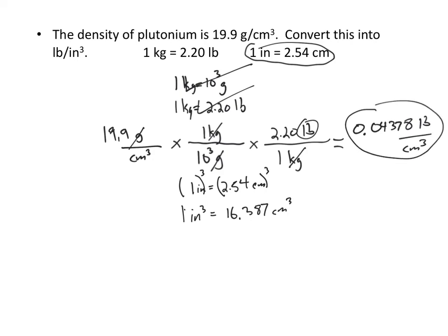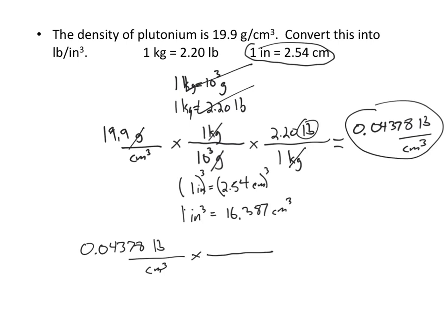Now I can take my result from the last one. I've got pounds per cubic centimeter, with the cubic centimeters in the denominator. I want the cubic centimeters to go away. Because the cubic centimeters are starting out in the denominator, I need to put the 16.387 centimeters cubed in the numerator.